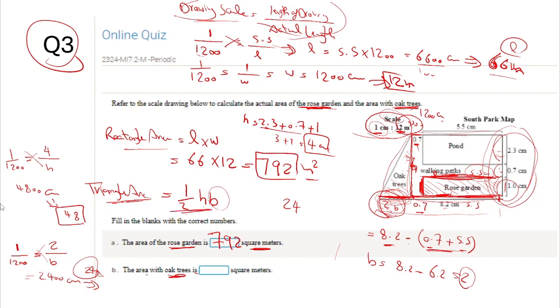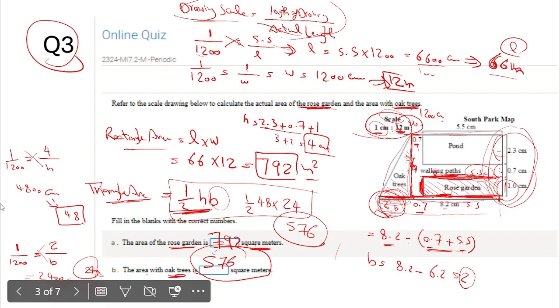So that means for this equation, it will be half 48 multiplied by 24, right? So 24 multiply 48, divide by 2, it will be 576 square meters. So the answer will be 576 square meters. Okay, now let's move to question number 4.